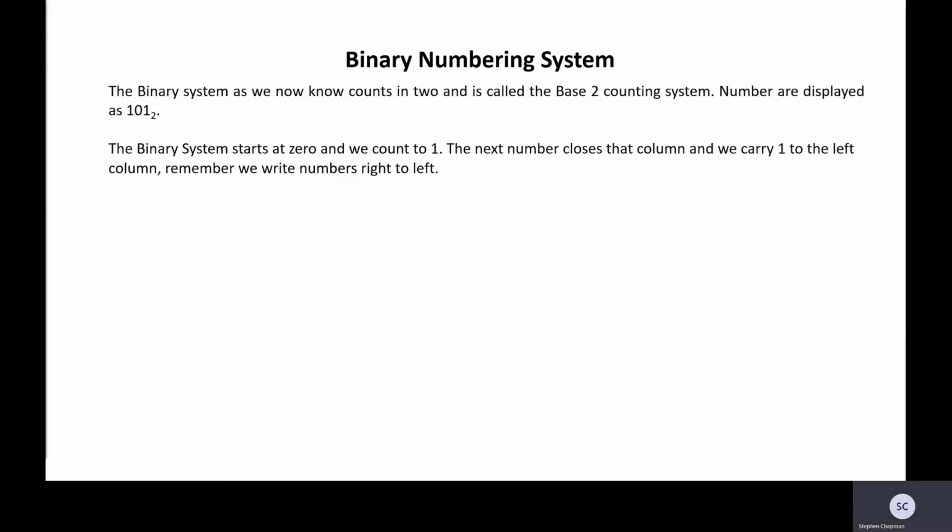The third system we use is the binary numbering system. In the binary numbering system, we count in 2s, therefore it's base 2. A digit can either be a 1 or a 0. So we start at 0, we count to 1, and then we carry 1 and that column goes to 0.